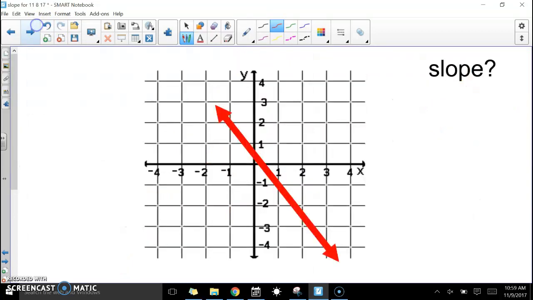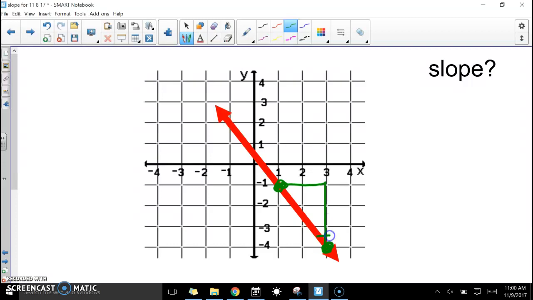Let's look at another one. Okay, the first thing you have to do is put 2 points on it, and it has to cross through the square evenly. So it crosses through the square evenly here and here. Then you do rise over run to make your triangle. I rise and I run.